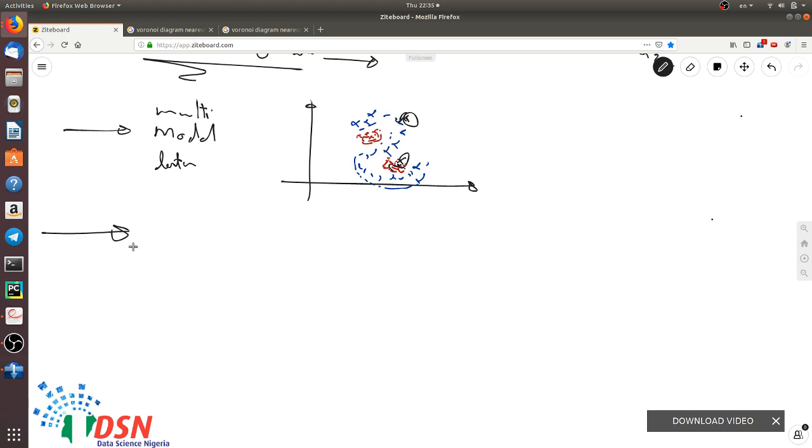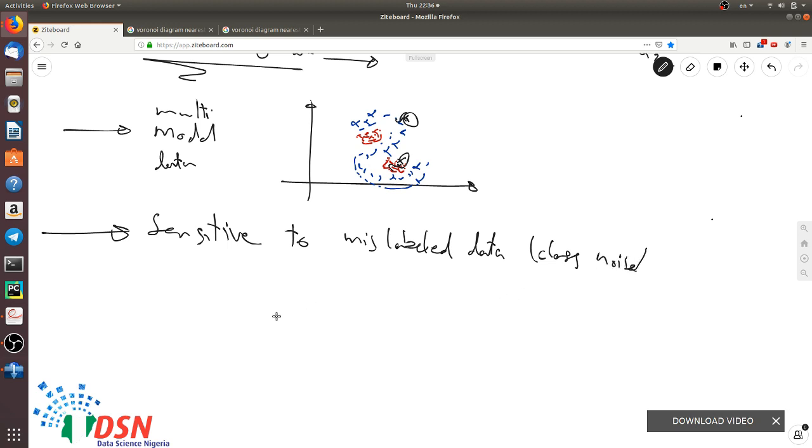Okay, a disadvantage of NN, or nearest neighbor, is that it is sensitive to mislabeled data, or actually class noise, we call it. So if you have something like this, let's say we have the exact same data in here.